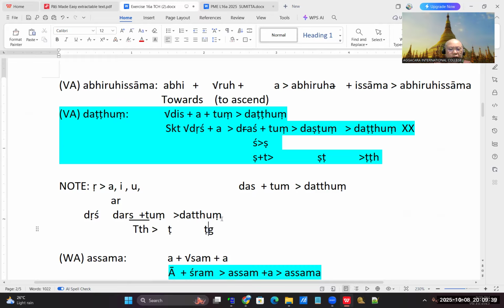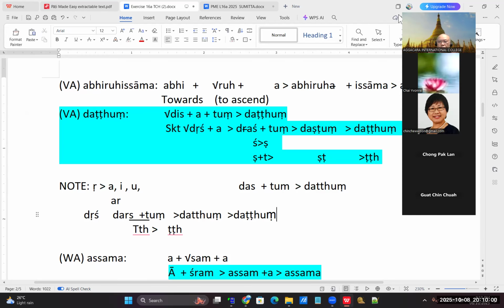You change it to TTH because of the R. Then it makes sense, right? Because of the influence of the R, datum becomes datum with the curl of the tongue.